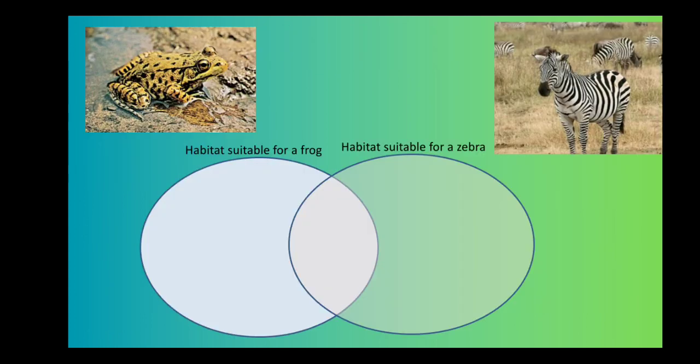Now, can you compare the habitat that is suitable for a frog with the habitat that is suitable for a zebra? And what are the common things between them? What are the differences? So you will write the common things here and the different things in these two columns.